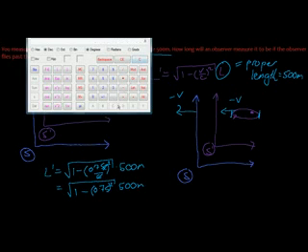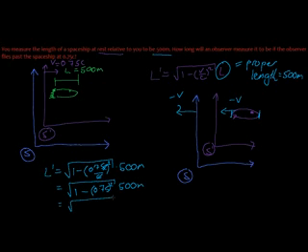Now what is 0.75 squared? We've got 0.5625. So we get 1 minus 0.5625, times 500 meters.